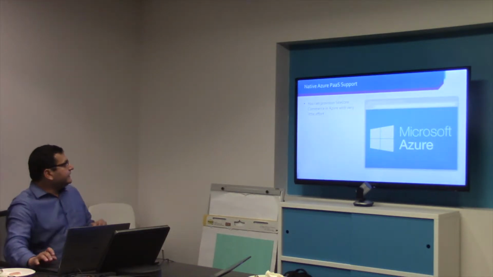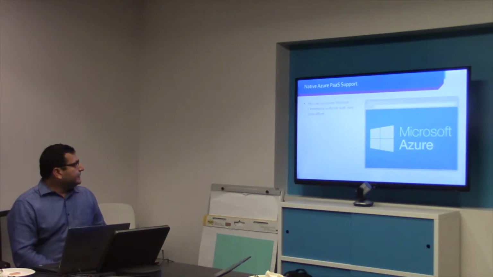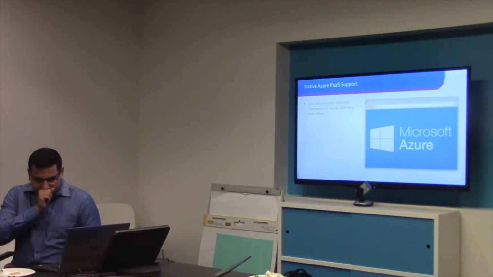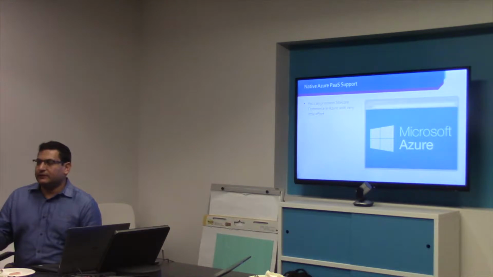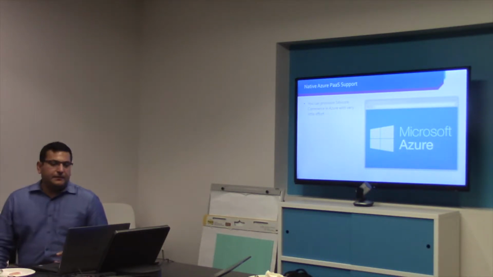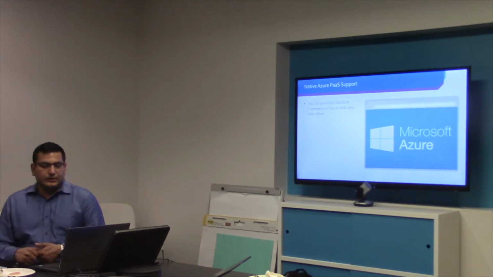Okay, next thing, native Azure PaaS support. In Sitecore Commerce 8 there was a limitation because it had some legacy components which were not allowing it to scale up properly. But Sitecore Commerce 9 comes with this pre-built.